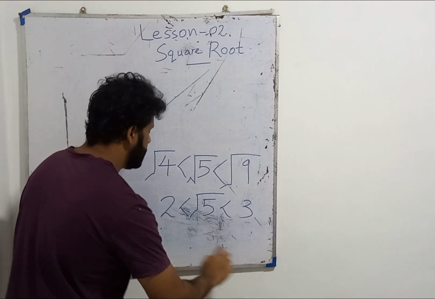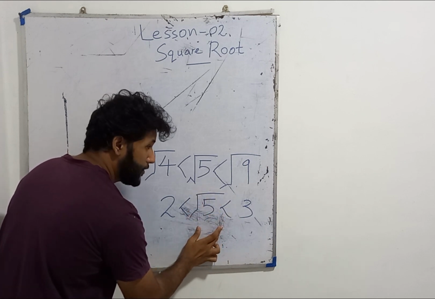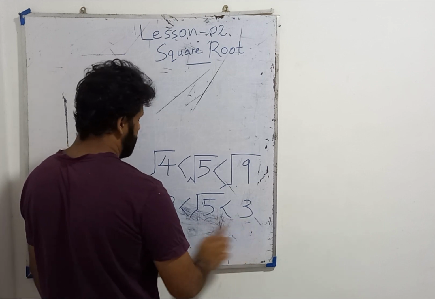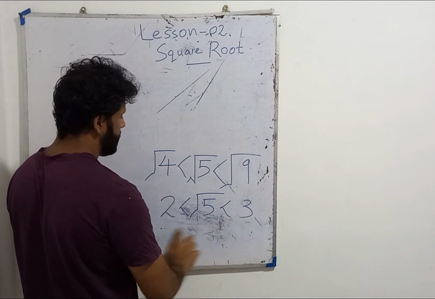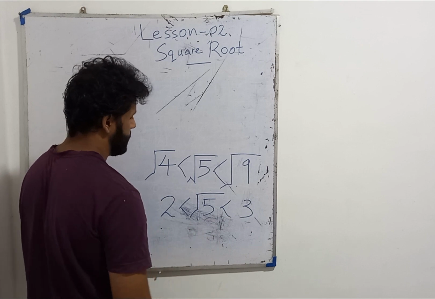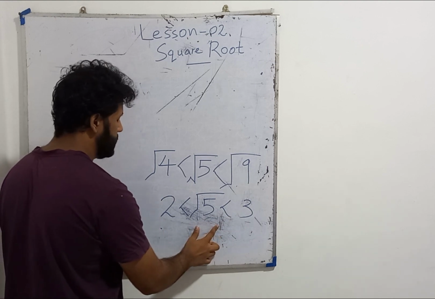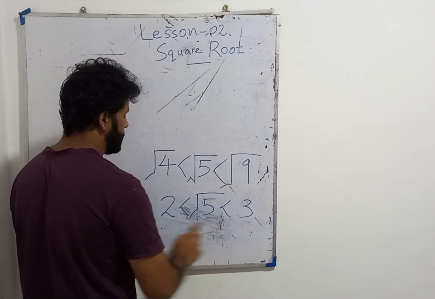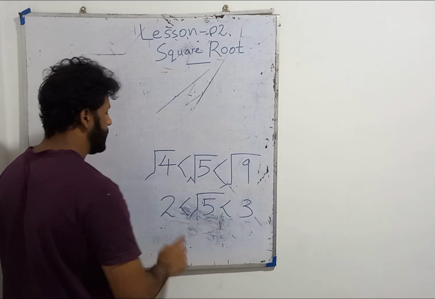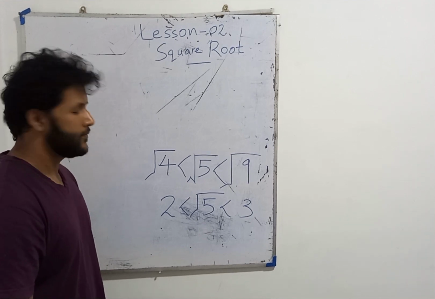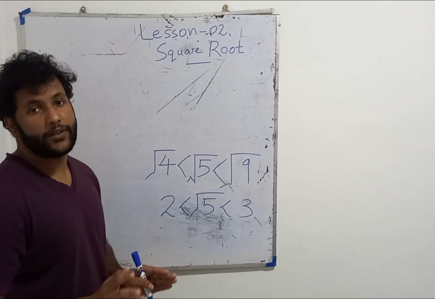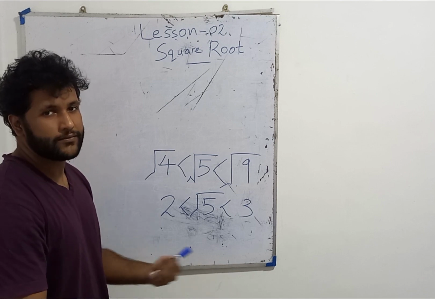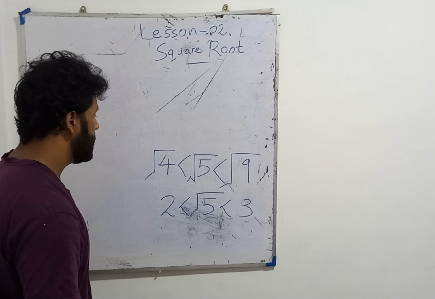Now you can see the value of square root of 5 lies between these two numbers, 2 and 3. It's 2 point something. So we have to find 2 point something. It means a 2 point value.